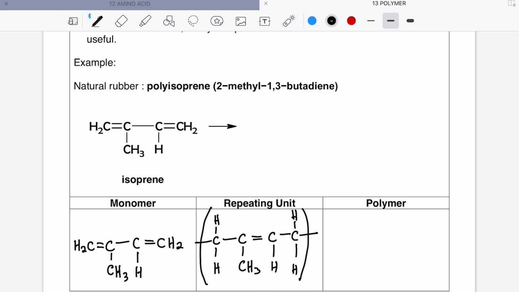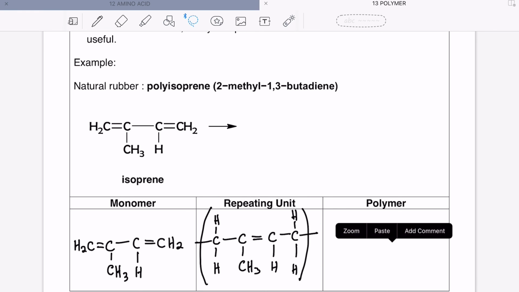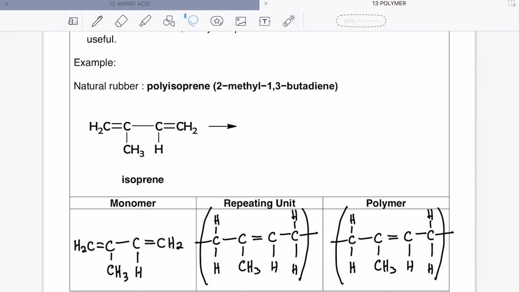So this is the repeating unit. The repeating unit will be the same, so we just copy and paste it here, but do not forget to add n. So that will be the polymer.